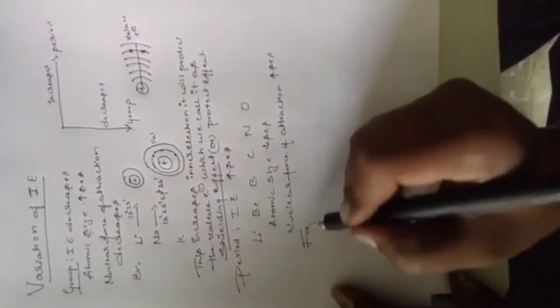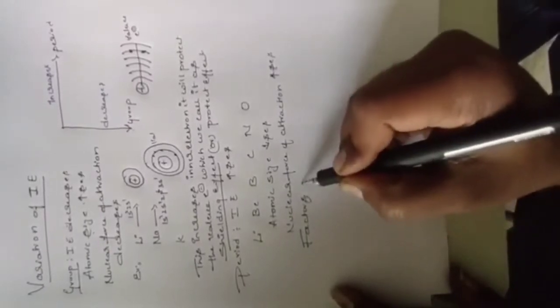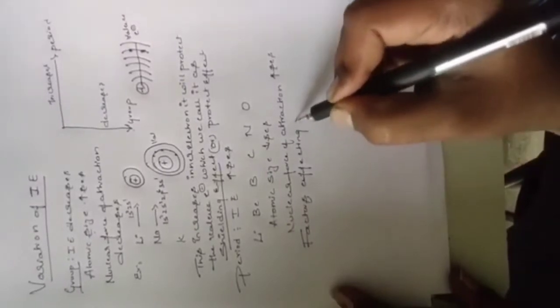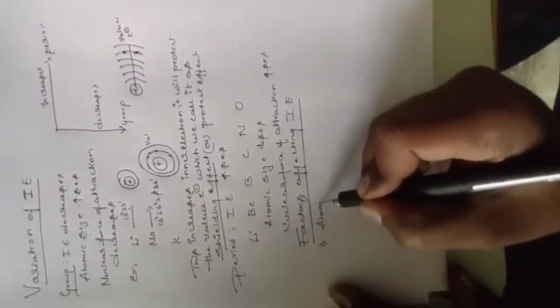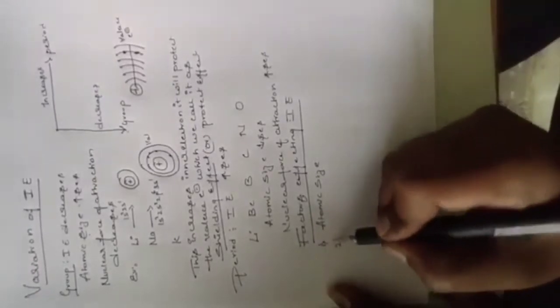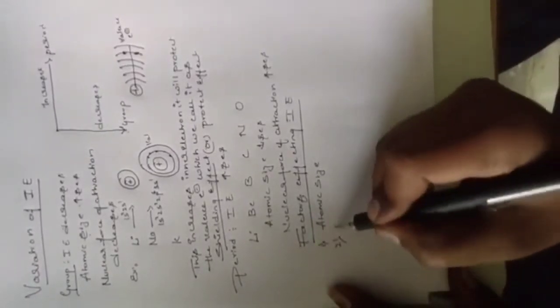Now, factors affecting ionization energy. First factor, atomic size or atomic radius. Second, nuclear charge.